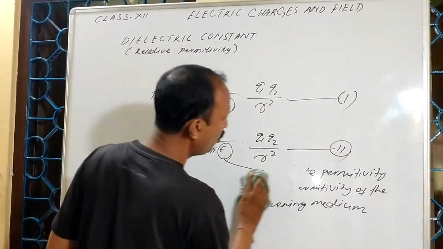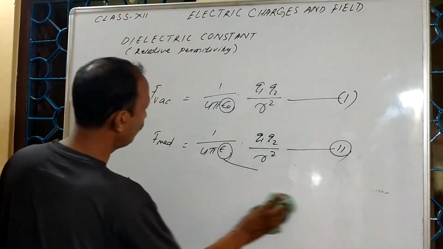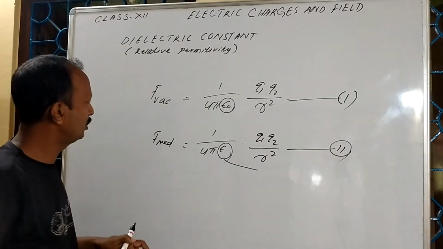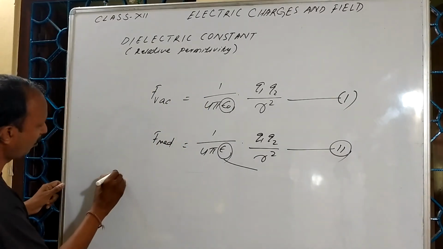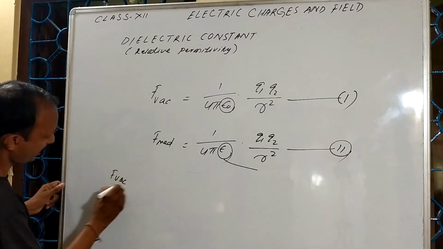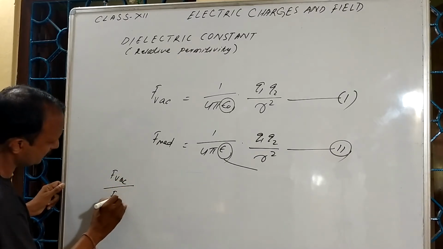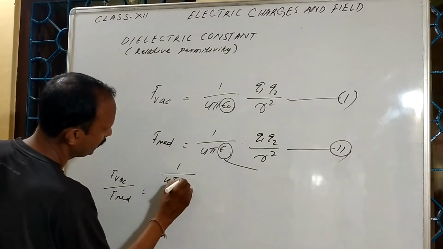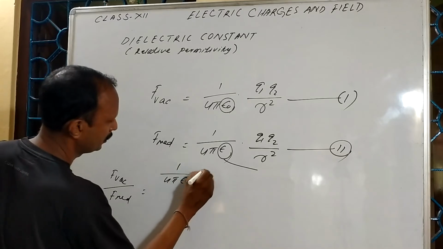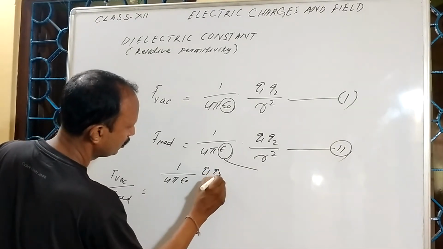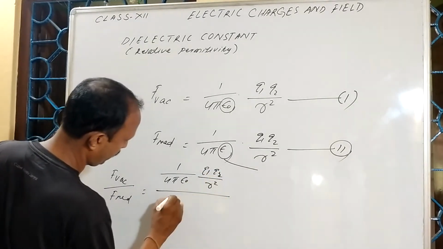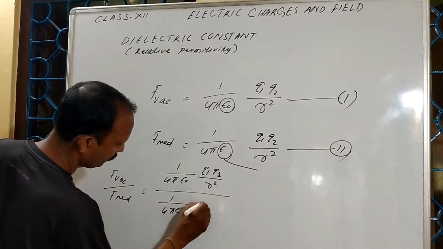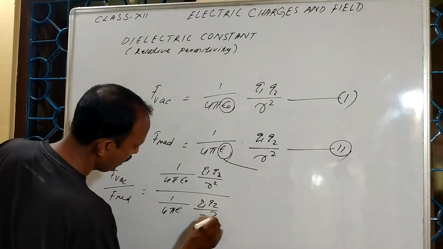Now these two equations, if I divide equation 1 by equation 2, that means the force in vacuum divided by force in medium, I will get 1 by 4 pi epsilon naught q1 q2 upon r square divided by 1 by 4 pi epsilon q1 q2 upon r square.